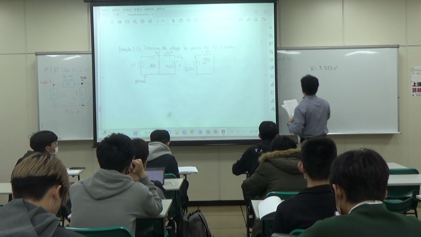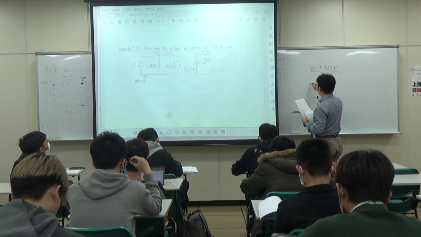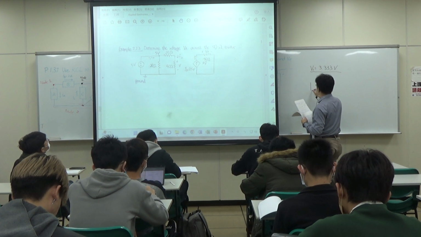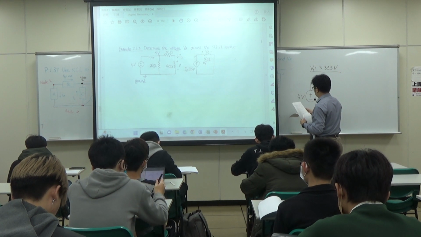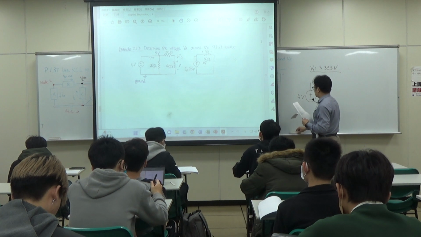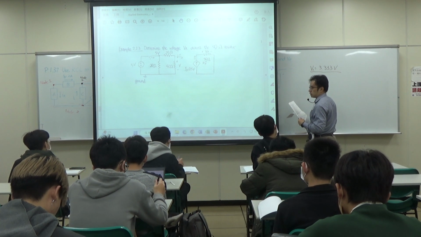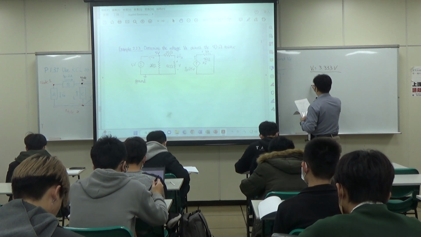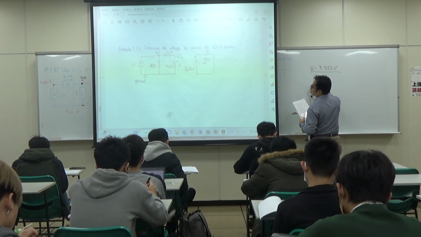So V1 is 3.33 volts. So we are able to calculate the remaining voltage and current within this circuit. We will move on after we finish this.